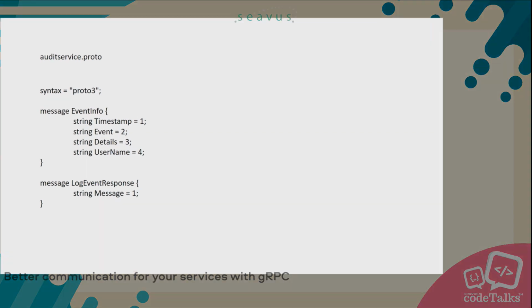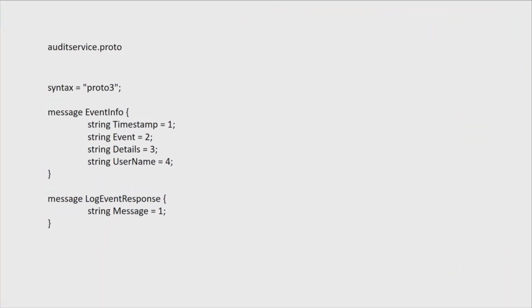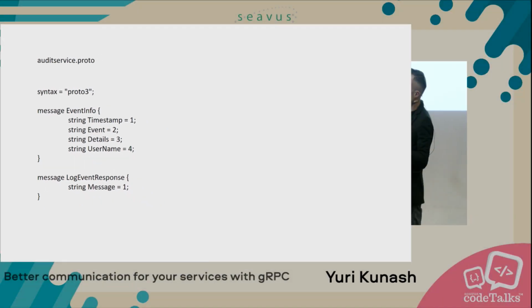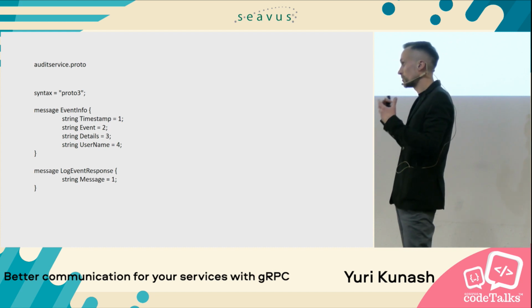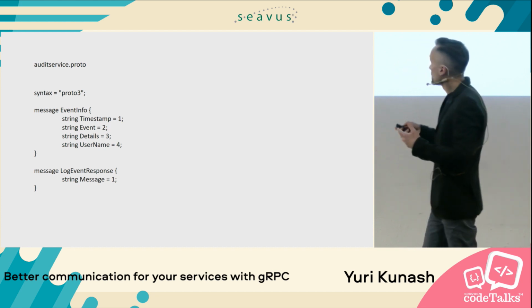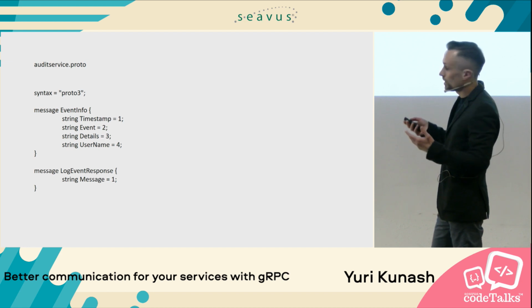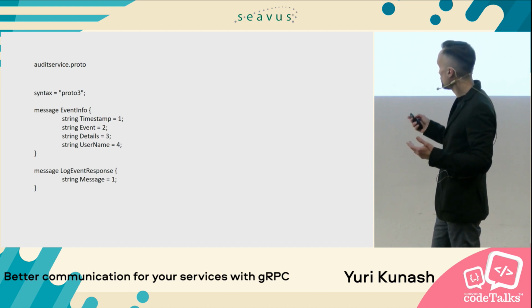Another thing we need when we work with protobuf is the proto files. These proto files are just text files which describe the messages, and they should be located on the server. XML and JSON messages are self-descriptive, but protobuf messages do not contain the names of the properties.